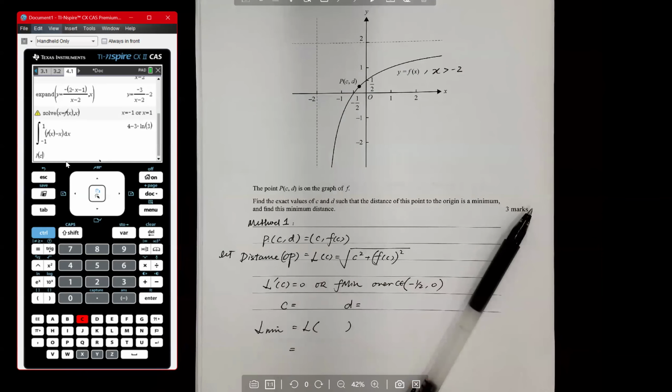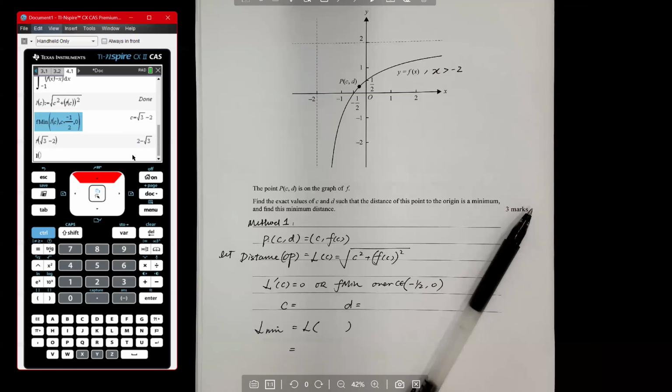I'm going to say L of c is assigned to square root of c squared plus bracket f of c bracket squared. And find the minimum of L of c, comma c in (minus half, 0). That will be root 3 minus 2. And the d value is f of this value, like the y, 2 minus root 3.